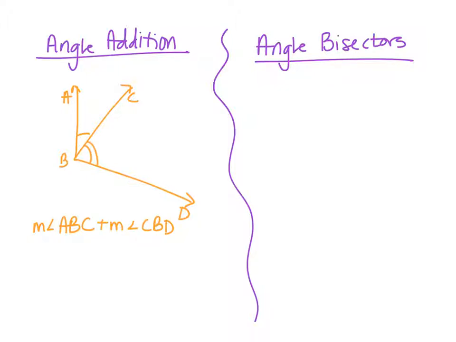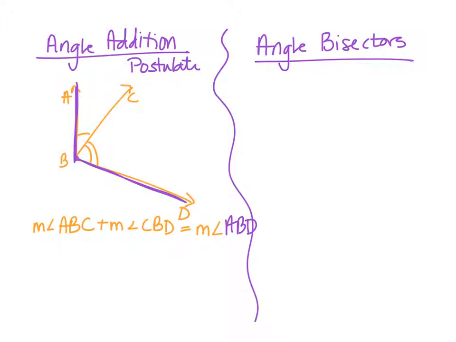That's this second angle. So trace if you need to, CBD, is going to create the larger angle, which is the measure of angle ABD. Notice when you put those together, you get this larger angle, the measure of angle ABD. That is called the angle addition postulate. Remember, postulate's just another word for a common sense rule. All right, so we want to make sure we have that one down.